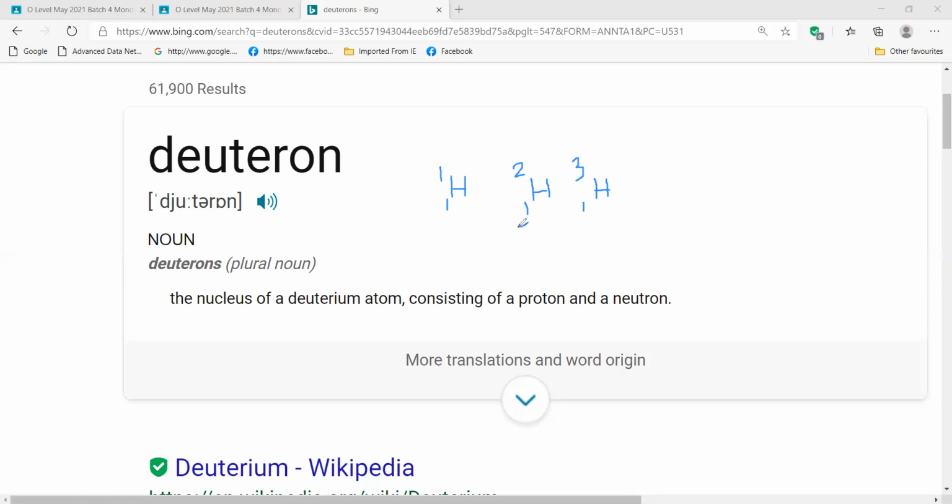So this one is deuterium. 1H1 is the hydrogen we normally know, and this is deuterium, 2H1, and 1H3 is tritium.